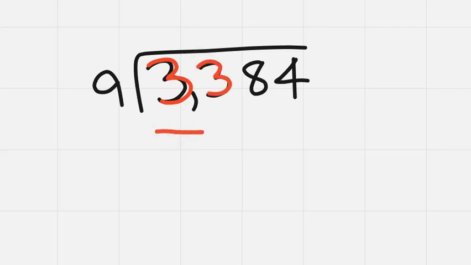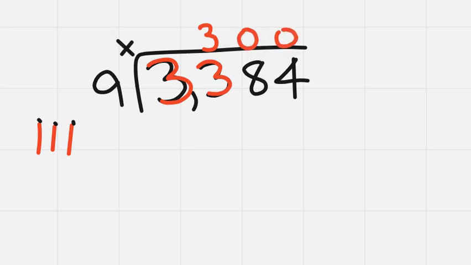That means we're going to count by 9 to see how close we can get to 33 without going over. Let's count. 9, 18, 27, 36. That's too high, so we'll stop at 27. Let's count. 1, 2, 3. There are 3 9s.